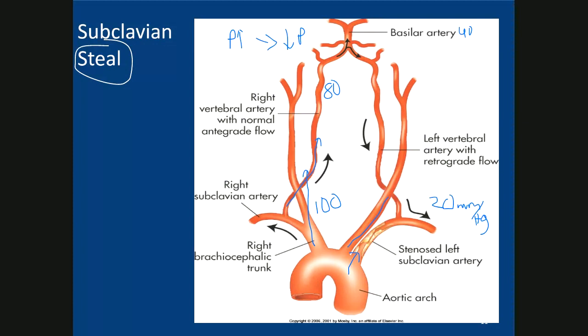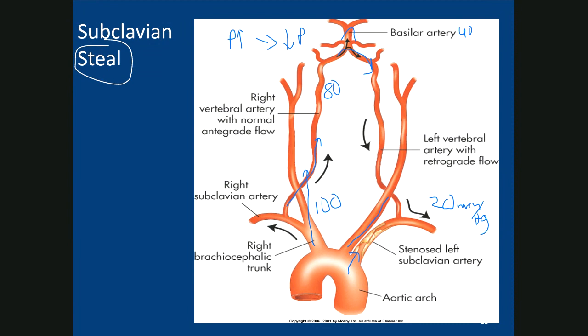It's 100, it's going to 80. And if this is 40, some of the blood's going here, but over here it's 20. So we also have blood going down here because there's no pressure down here and blood has no choice but to move from an area of high to low pressure.